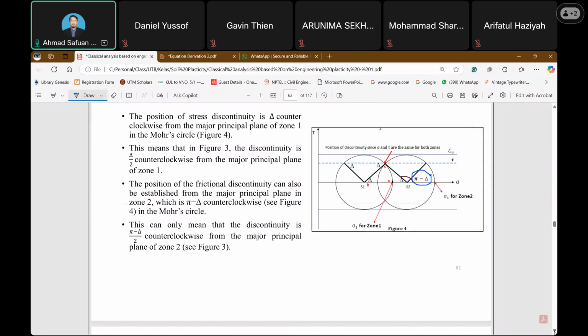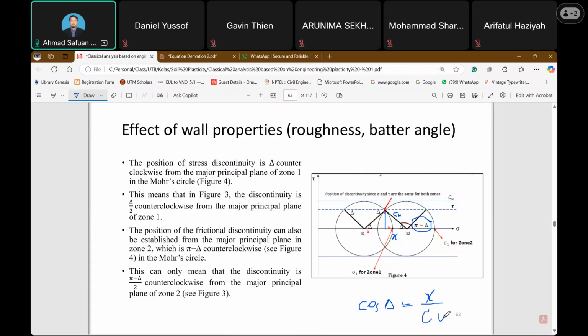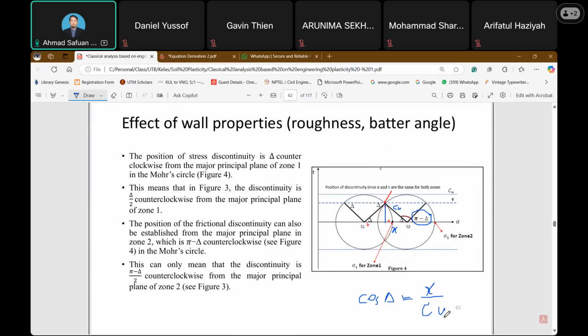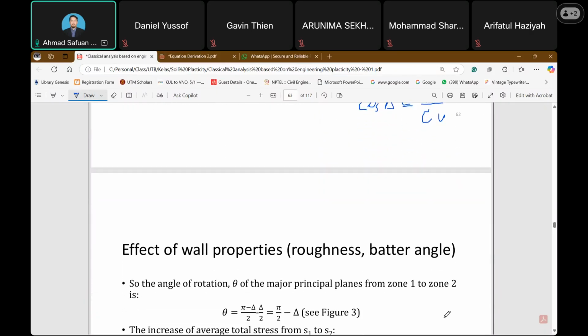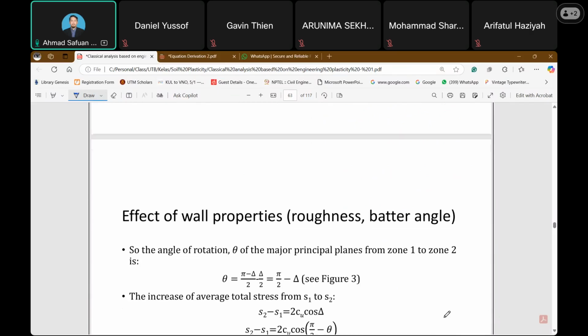So it means that x is equal to Cu cos delta. So then to get the distance between S2 and S1, we multiply Cu cos delta by 2. So then the distance is 2Cu cos delta.